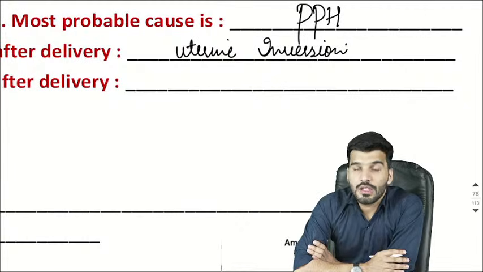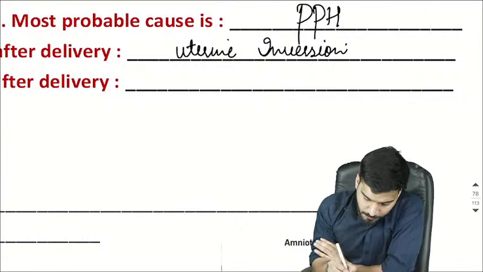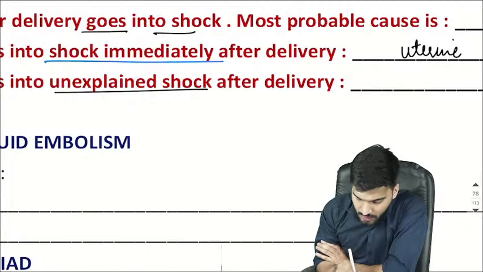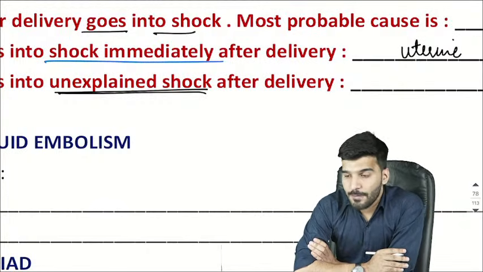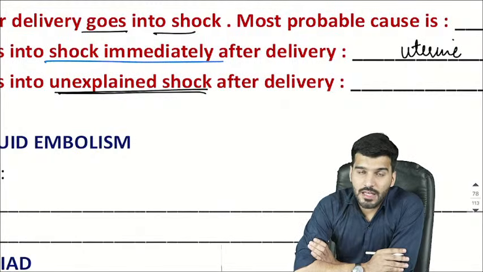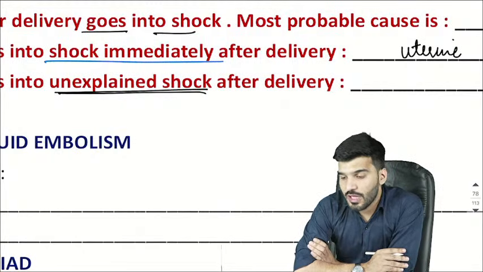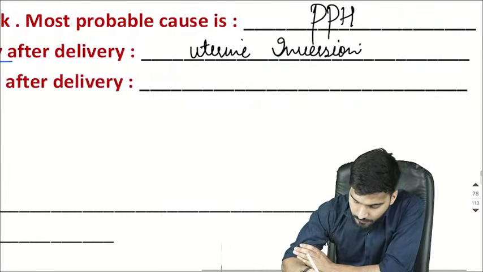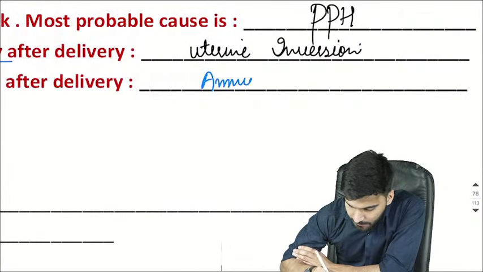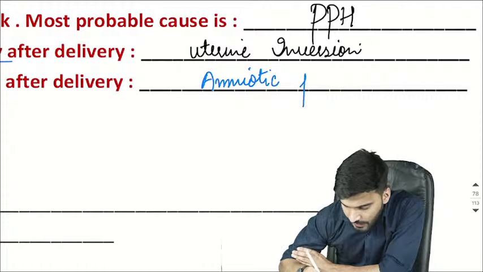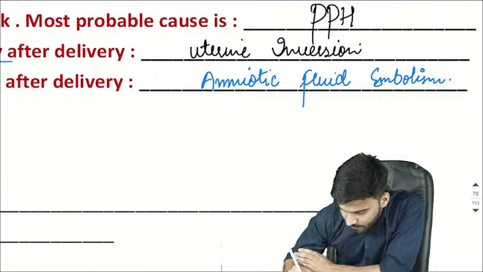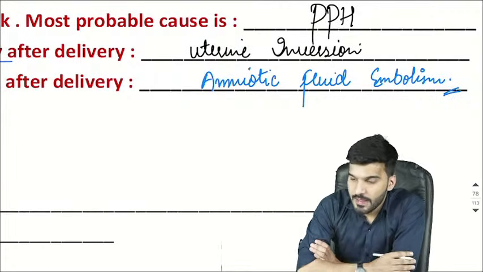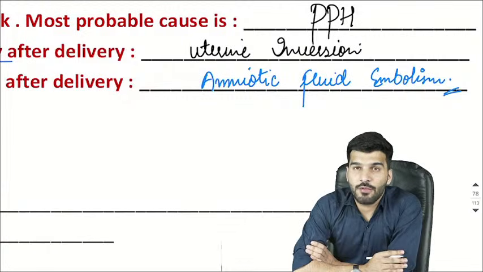And if a patient goes into the unexplained shock, that means the patient was fine and baby was fine as well, delivery was very nice, but eventually patient collapsed with hypoxia, hypotension, and coagulopathy, think of an amniotic fluid embolism. Is that clear to everybody?